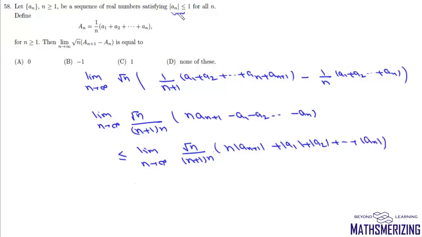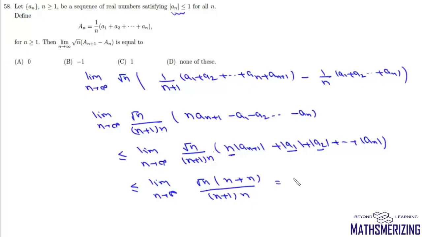Now maximum value of any a_n is 1, so we can write this is less than or equal to limit n tends to infinity, under root n. Now this is n, and then maximum value for each is 1, so it will be 1 plus 1 plus 1 up to n upon n plus 1 into n.